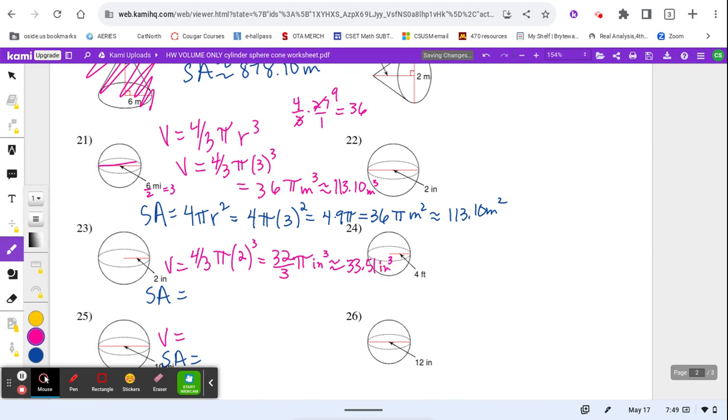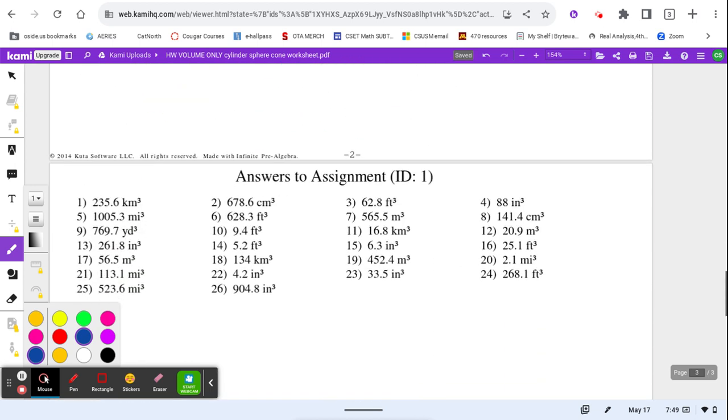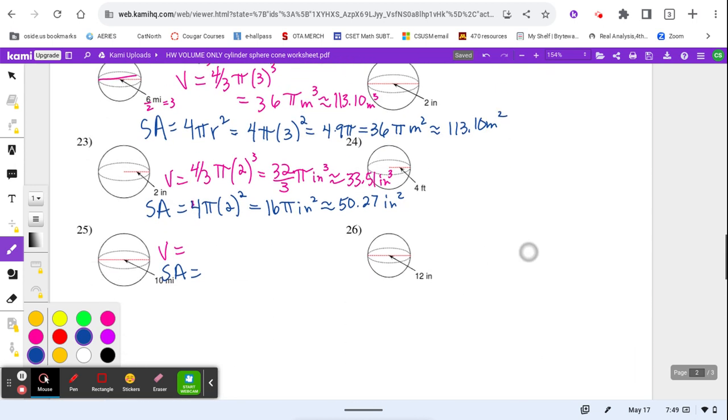Surface area. Two squared is 4. 4 times 4 is 16. Plug that into a calculator. 50.27. Finally, this is our last one. Again, there's the answers below there. Don't forget that those are there.